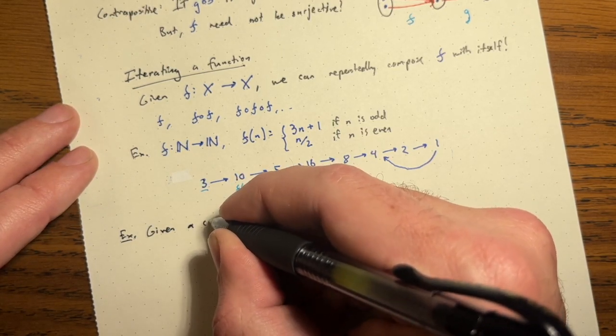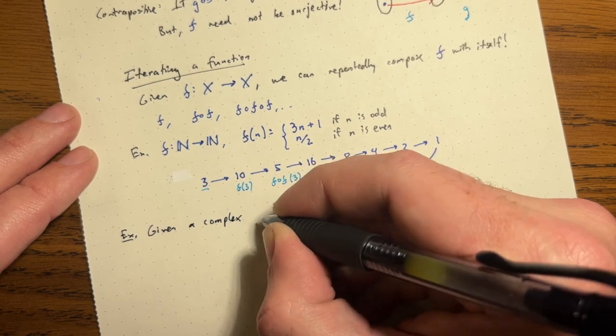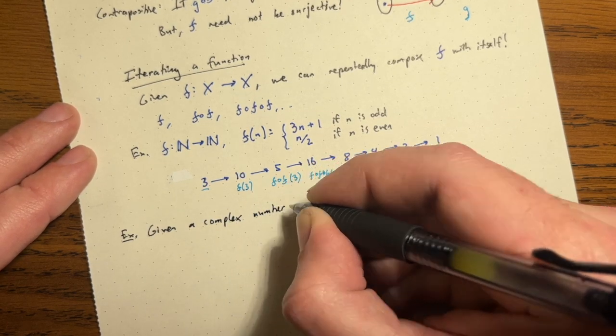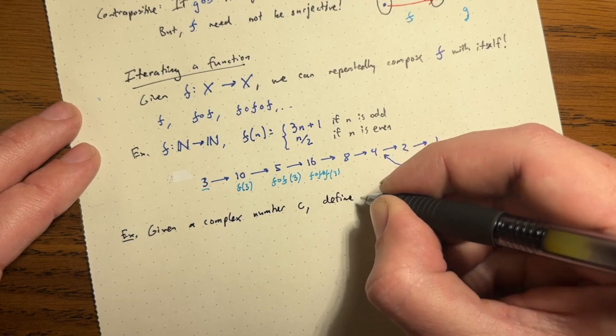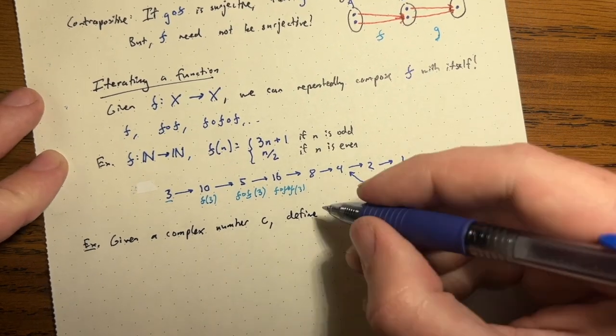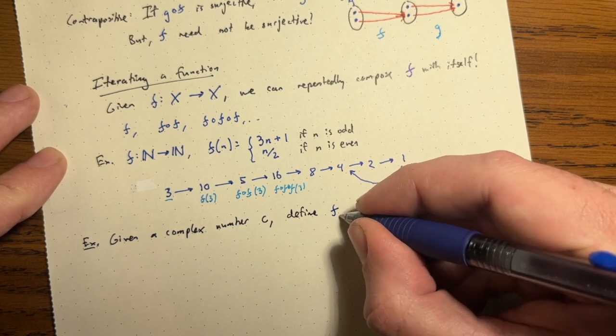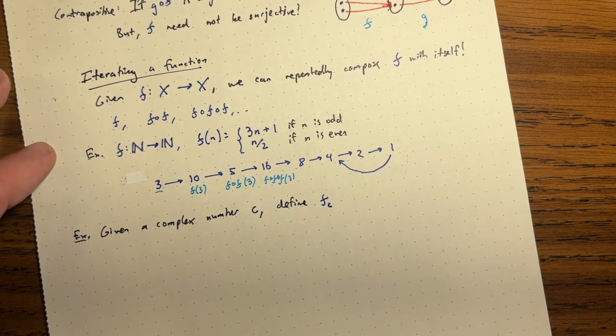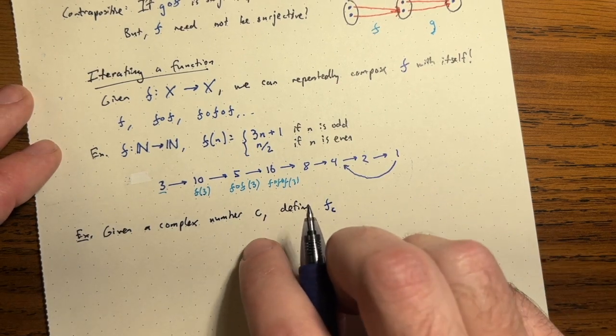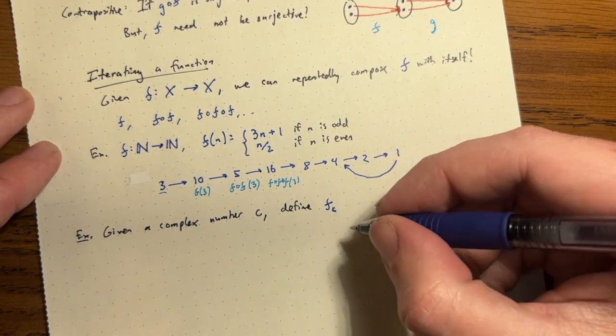So given a complex number c, we're going to define the following function. We're going to define f with a subscript of c, just to indicate this function is going to actually depend on that given number c that we're starting with, okay?